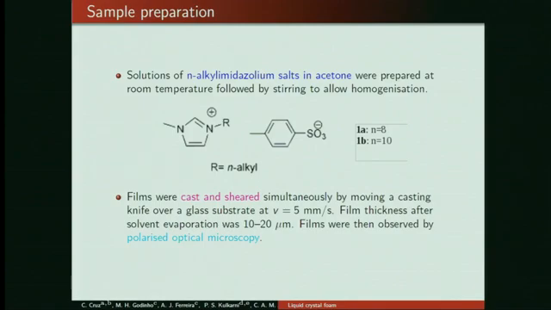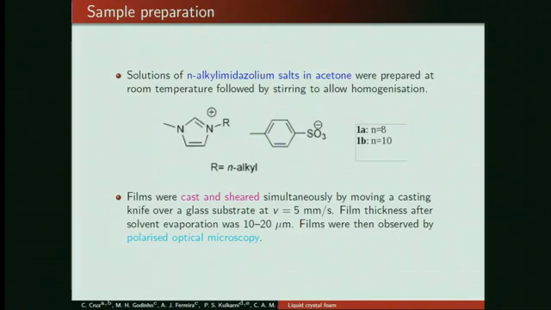Okay, so this is what they look like, and there are two different compounds depending on the size of that alkyl chain there. It can be either 8 carbons in length or 10 carbons in length. Okay, that's the cation, that's the anion, and these are both large polyatomic ions.